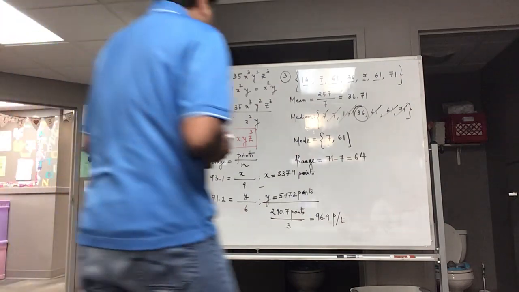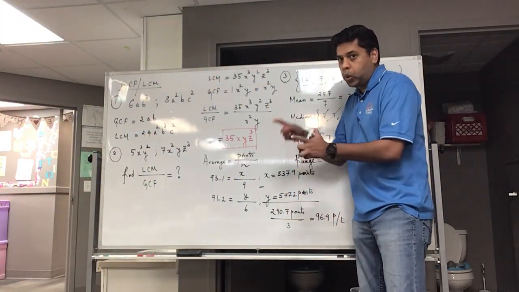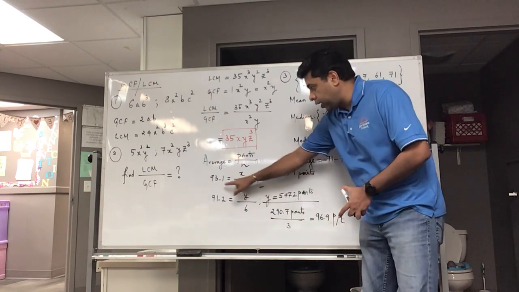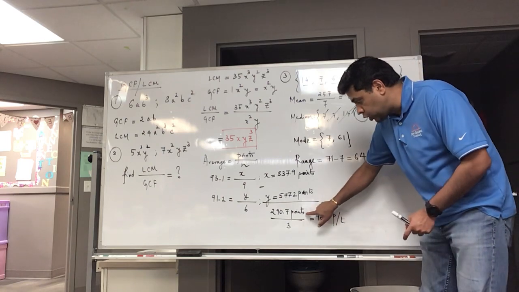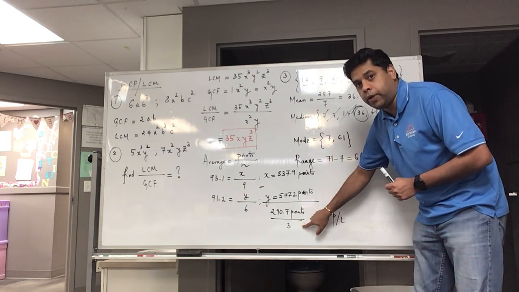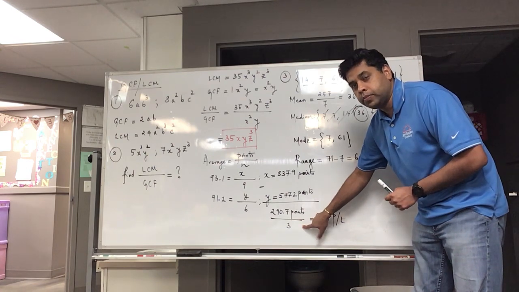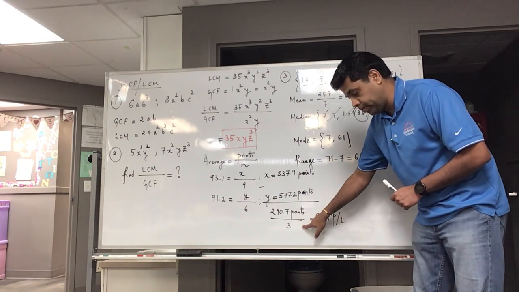Okay, so the question was, what is the average for the remaining 3 tests to get to 93.1? So the remaining 3 tests average should be total points left for the remaining 3 tests divided by the total number of tests left. Does that make sense? Yeah.